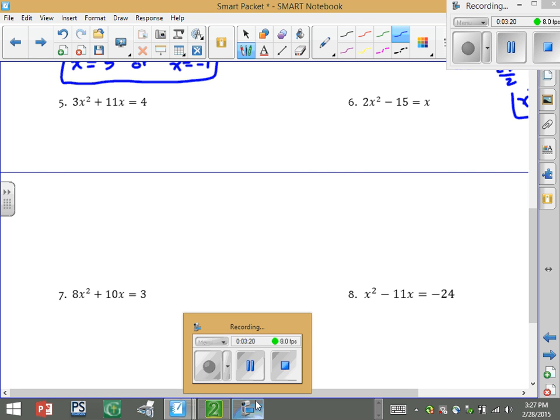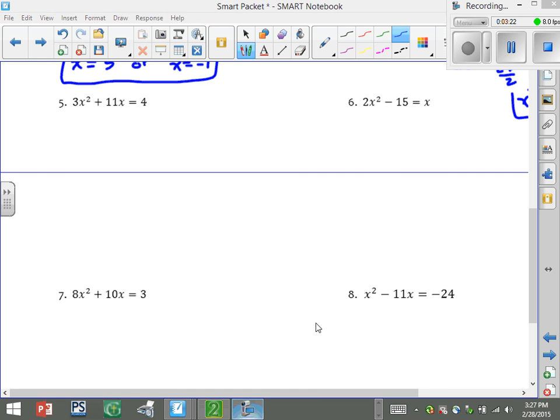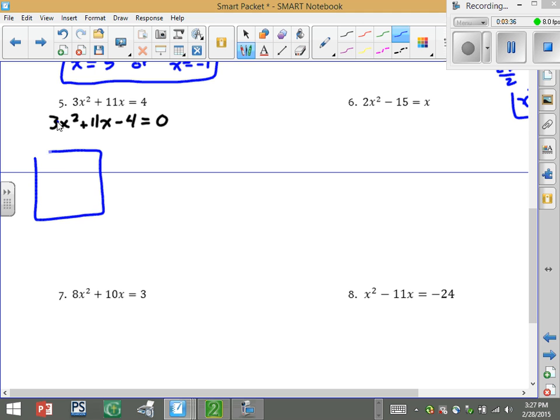Here's one where we've got to get the 4 over to the side, so let's move that over. So 3x squared, I'll do it in black, that way we can see the original problem. Move that 4 over by subtracting it. Now, setting up my box, I have 3x squared here, negative 4, so I need factors of negative 12 that add up to 11.